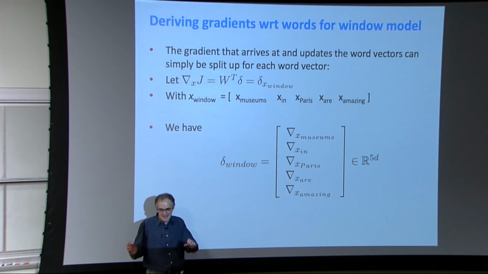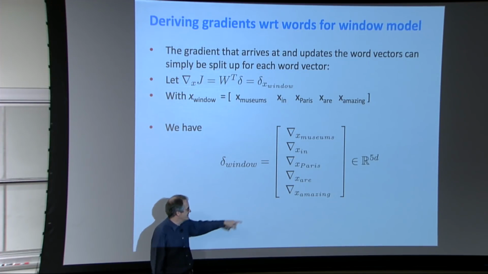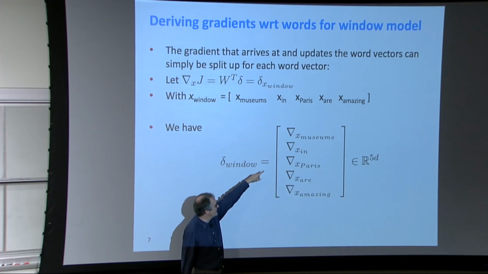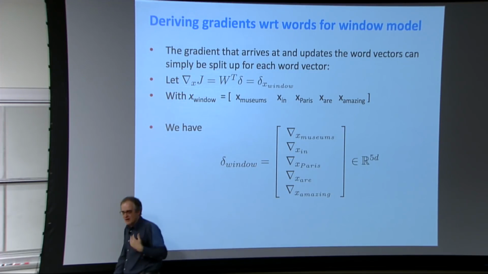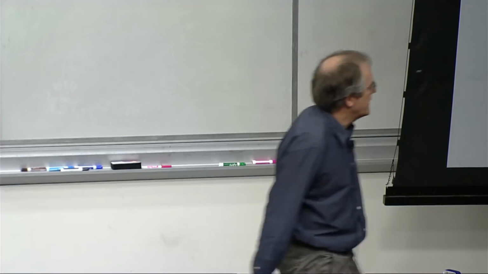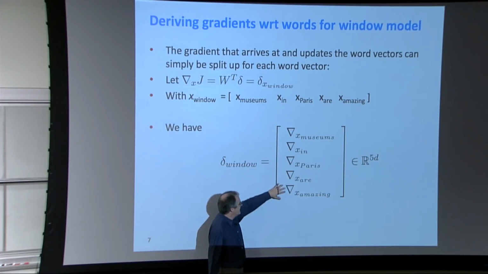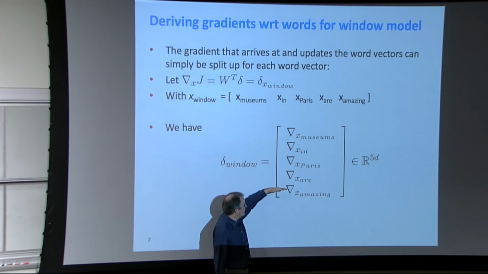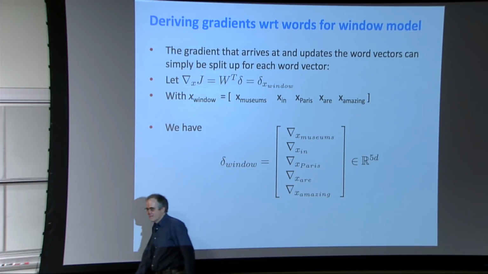Instead, what we're connecting up to the classifier system is this window, and the window will have in it 5 words. Most commonly they're different words, but occasionally the same word might appear in 2 positions in that window. We can nevertheless do exactly the same thing and continue our gradients down and work out the gradients of this word window vector, and if these are of dimension d, we'll have a 5d vector.